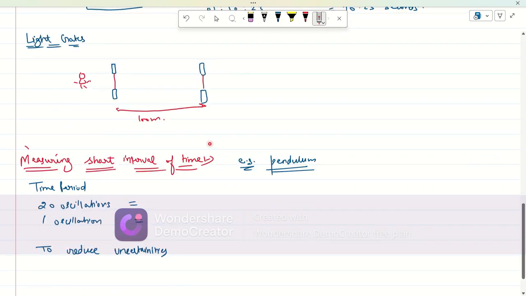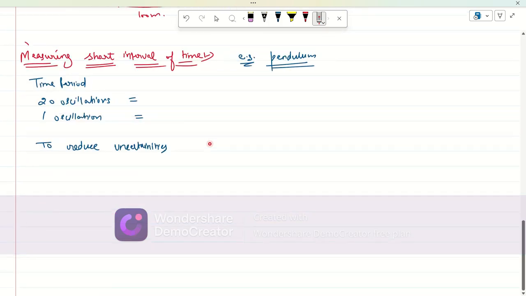Now, if we have to measure a short interval of time, for example the time period of a pendulum, how can we measure it? For one oscillation, you cannot measure the time period accurately because there will be error due to human reaction time. So to reduce uncertainty, we can take 20 oscillations.